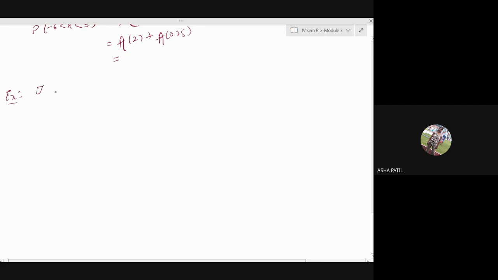The marks of 1,000 students in an examination follows a normal distribution.